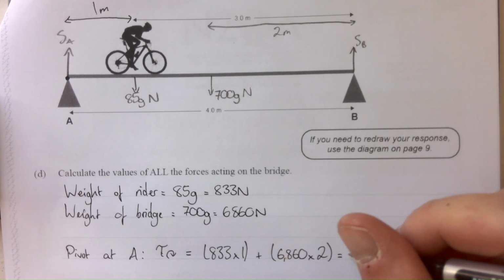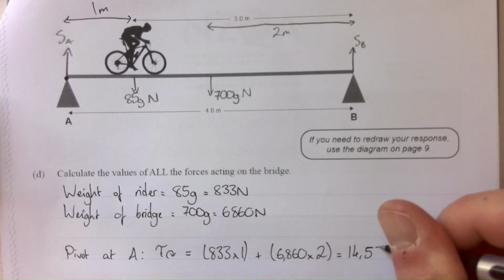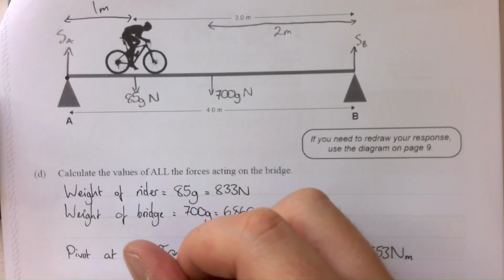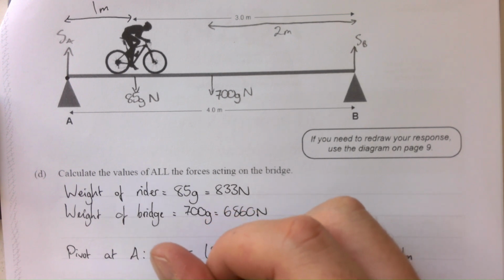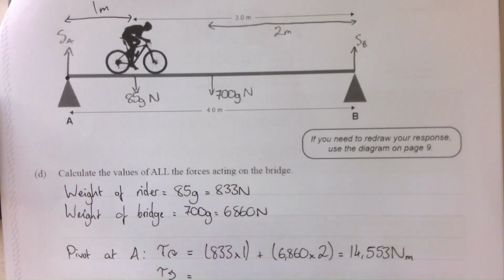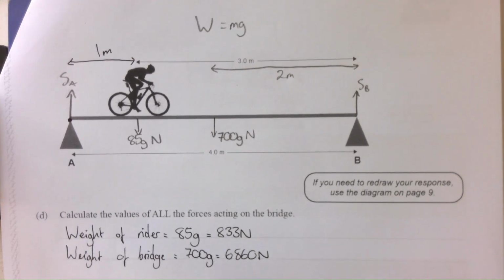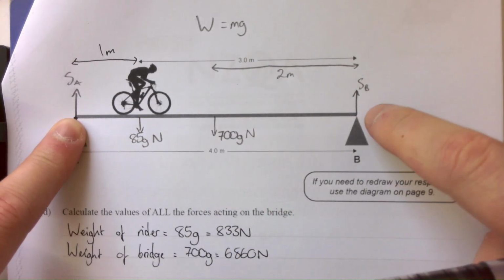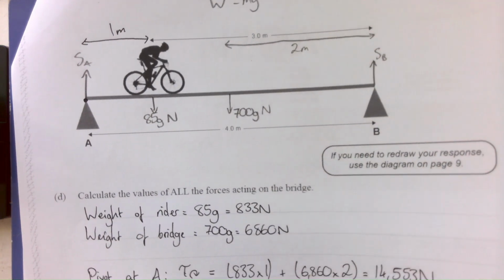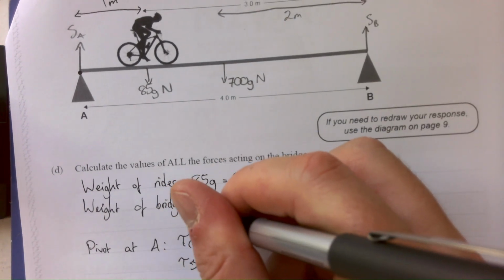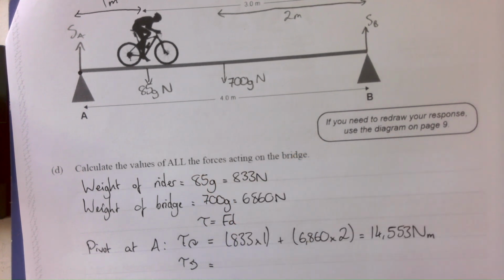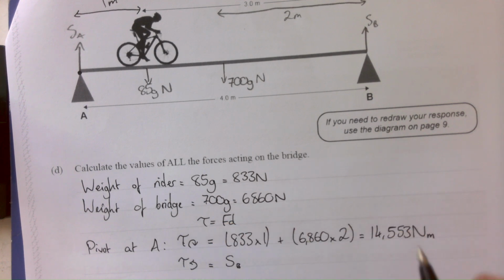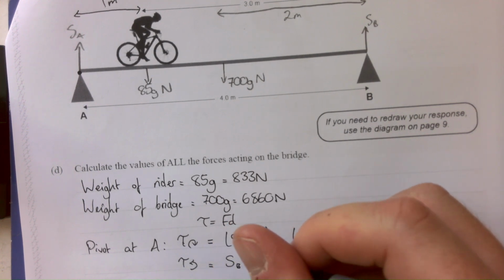So, clockwise I have 14,553 newton meters. Then acting anti-clockwise, the only thing stopping this bridge from turning clockwise is the support force at B. Now the equation for torque is force times distance. I don't know the force, the support force at B, SB, but I do know that it's 4 meters away.